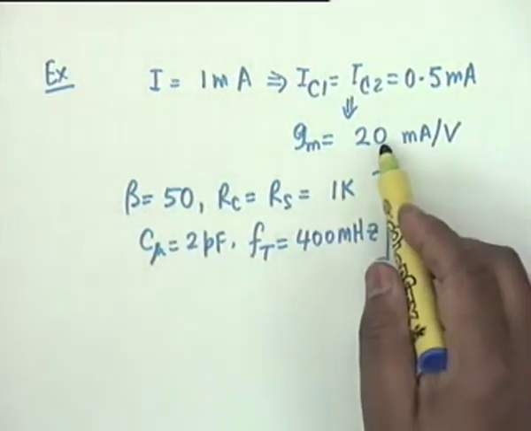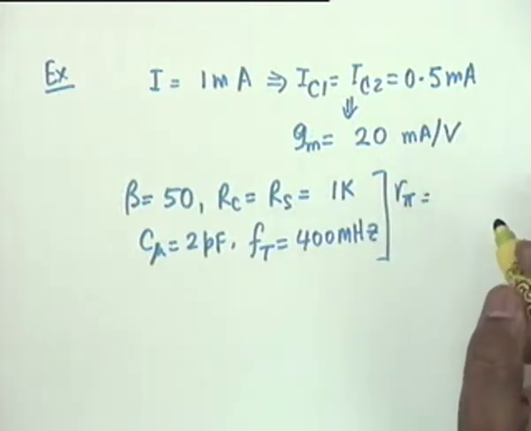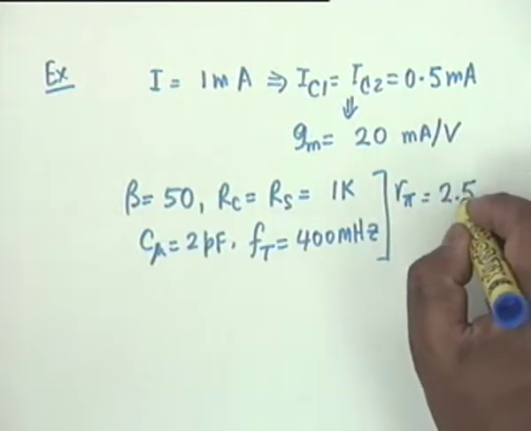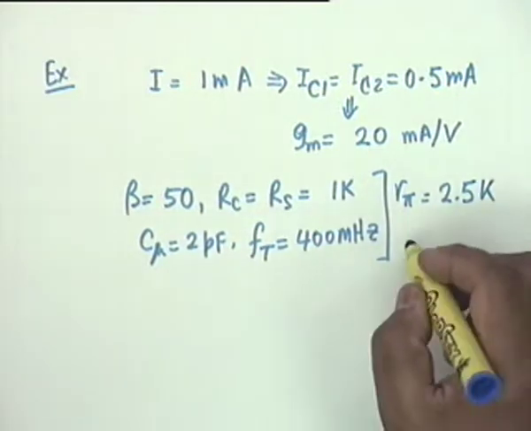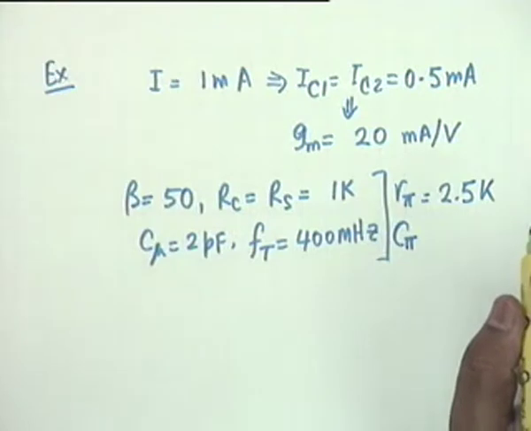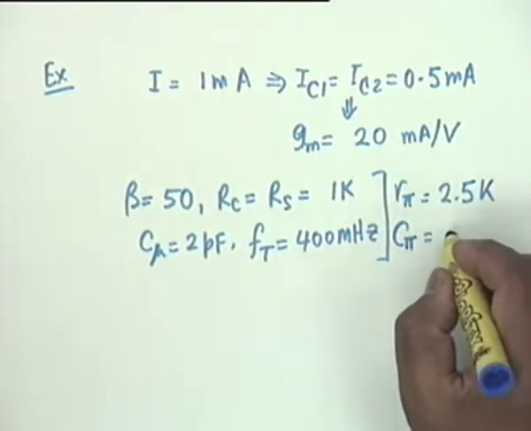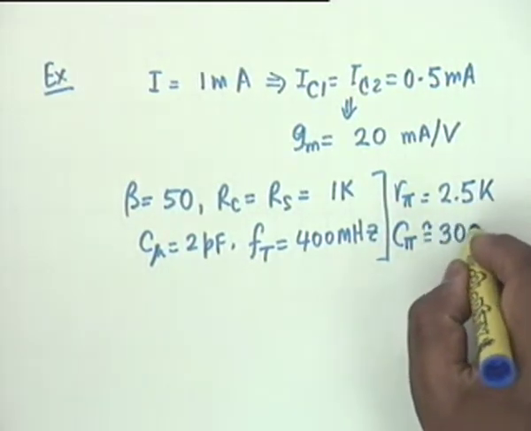Beta is given and GM is known, so R pi would be equal to 50 divided by 20, which is 2.5 K, and C pi can be found out as GM divided by 2 pi Ft minus C mu, and that comes out approximately as 30 pF.